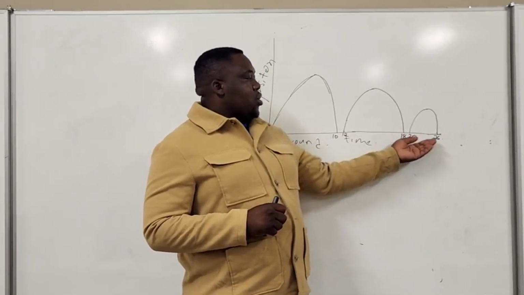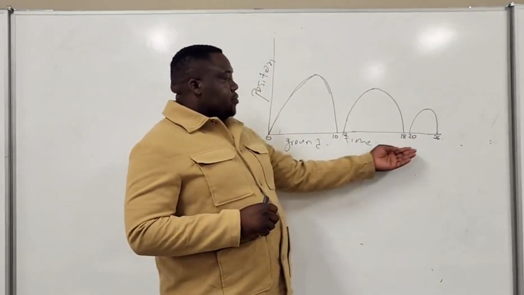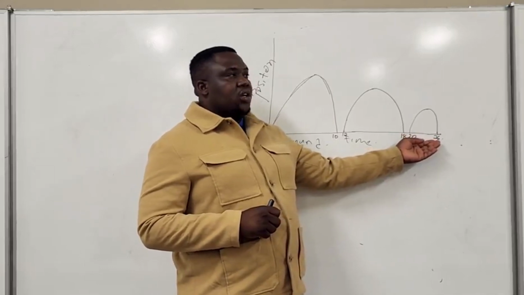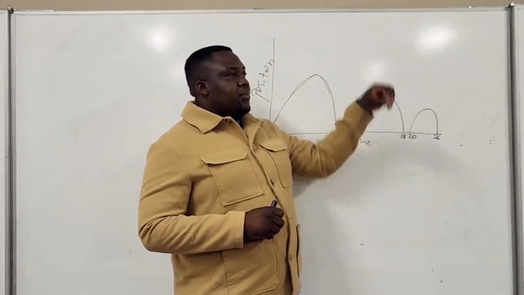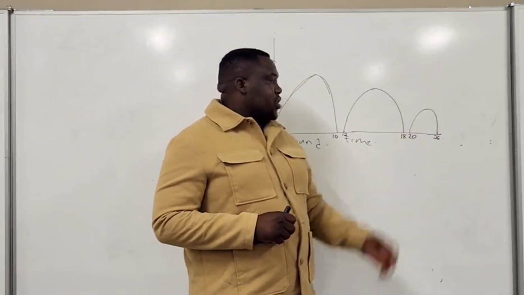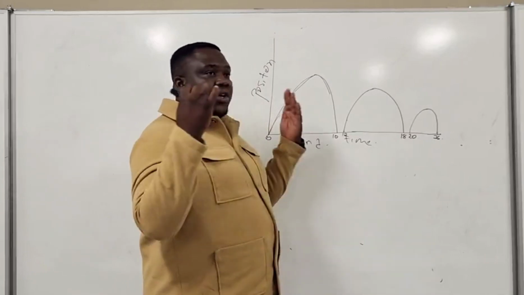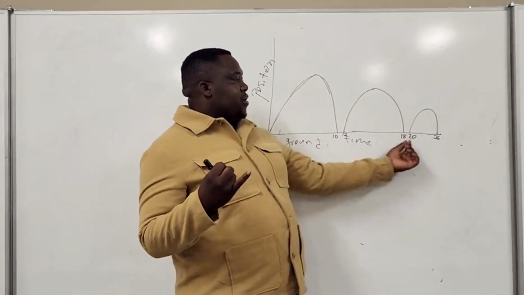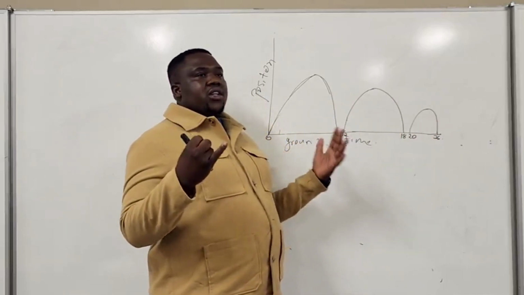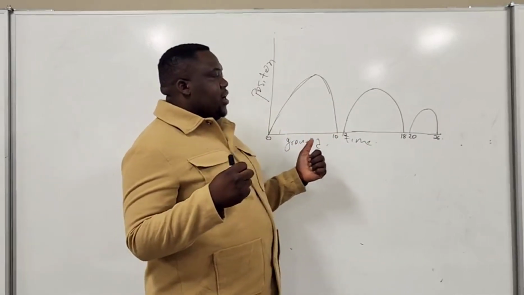So if we want to know the time at which the ball went up and came back to the original position, we just count from 20 to 26. That will be 21, 22, 23, 24, 25, 26. It means this ball from this point until it returned back only took 6 seconds. Again, it took 6 seconds.